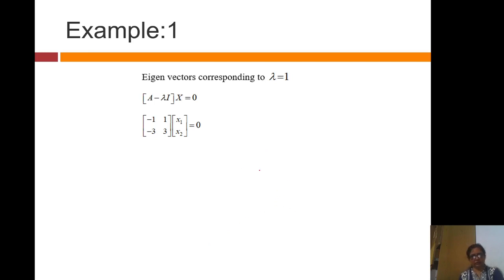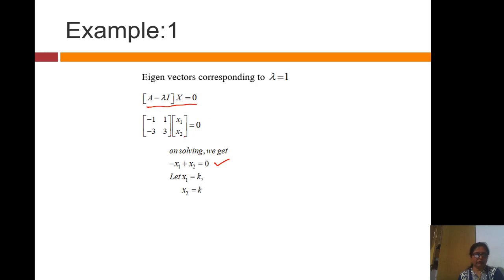The eigenvector corresponding to the first value, lambda equal to 1: here (A minus lambda I) into x equal to 0. We get these two equations after substituting the value of A minus lambda. On solving, we get only one equation, minus x1 plus x2 equal to 0, because the first equation is minus x1 plus x2 equal to 0 and the second equation is minus 3x1 plus 3x2 equal to 0.